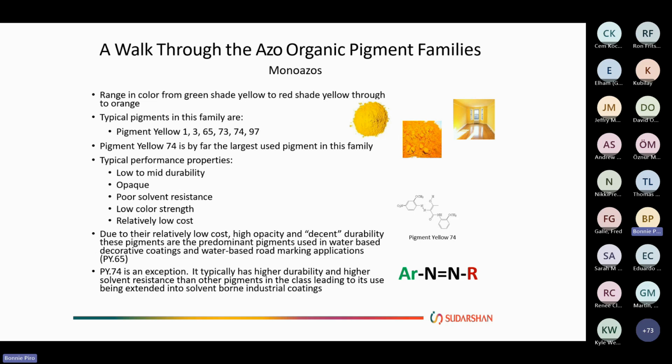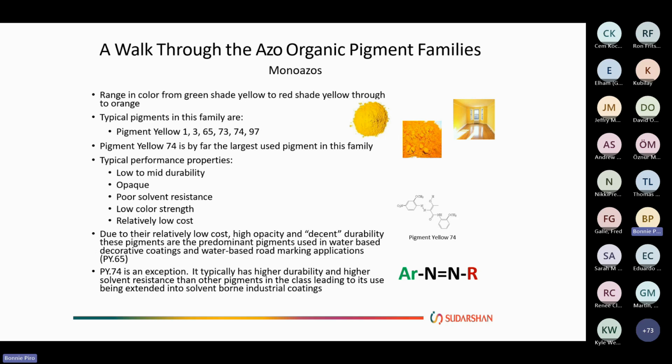These tend to be mostly in the yellow shade area. There are some in the orange space as well. Yellow 74 is by far the largest in this class of azo pigments, and is used in a lot of different application areas and sub-application areas.